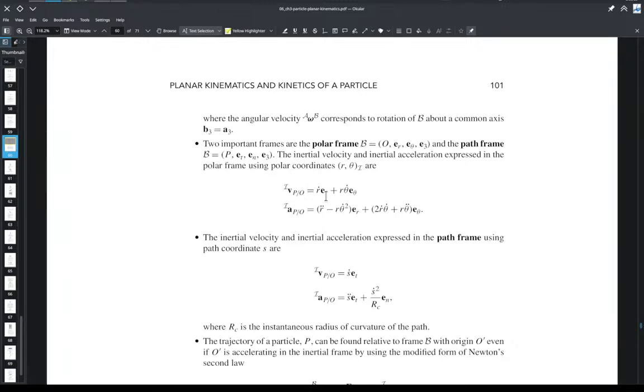Centripetal acceleration. If you only have centripetal acceleration like in this problem, it's a special form of this system where you know what path you're traveling on, so the change in speed along that path is s double dot, like dv dt, and v squared over r describes how the path is changing.